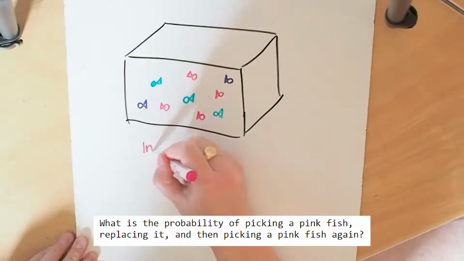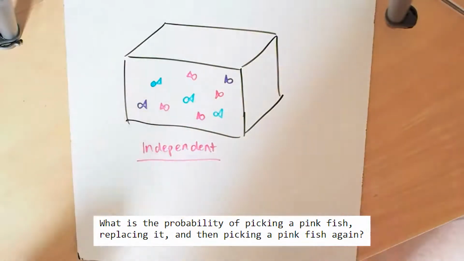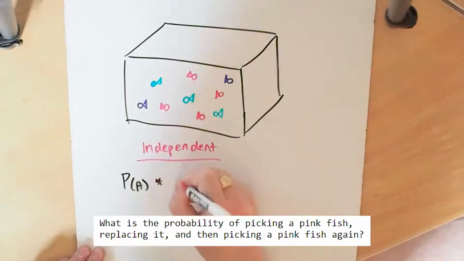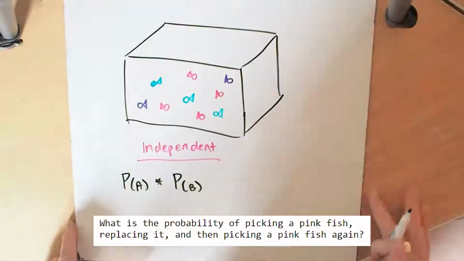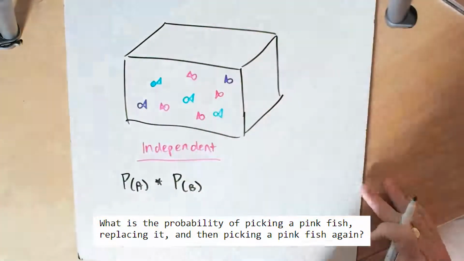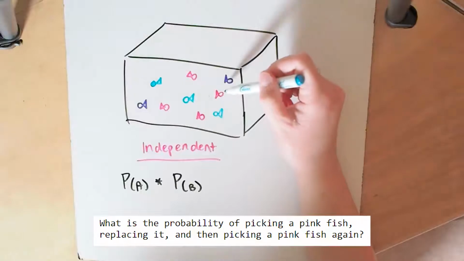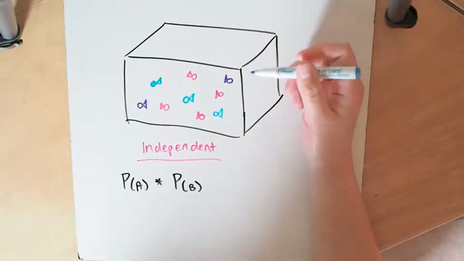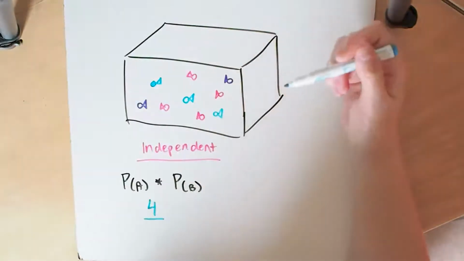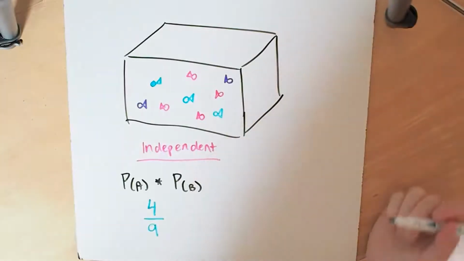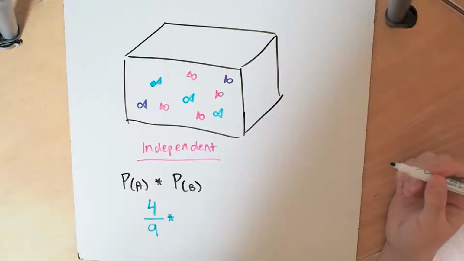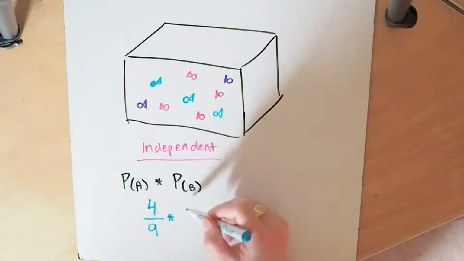Because this is an independent event, we know that the probability is simply the probability of event A times the probability of event B. Okay, so if we're finding the probability of event A, picking a pink fish, we say, okay, there's 4 pink fish, so that's our favorable outcomes. And we put that over the total amount of outcomes. So we have 9 total fish, and that's the probability of event A. And then the probability of picking a pink fish when the amount of pink fish has not changed is exactly the same.